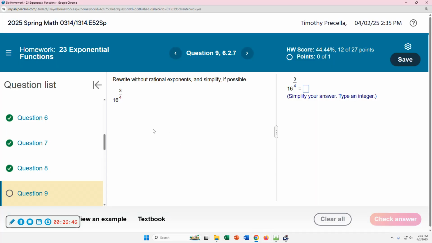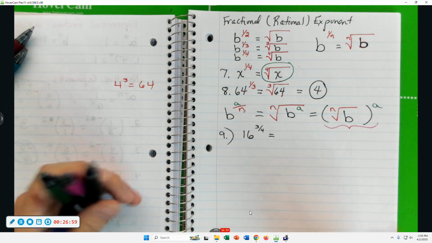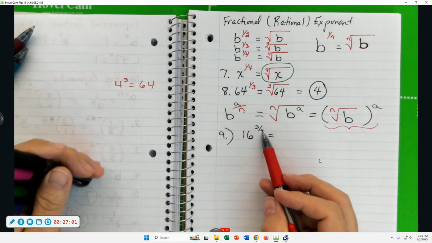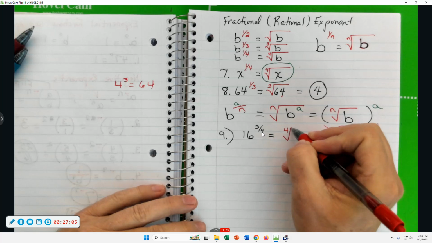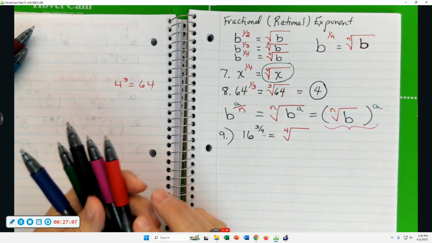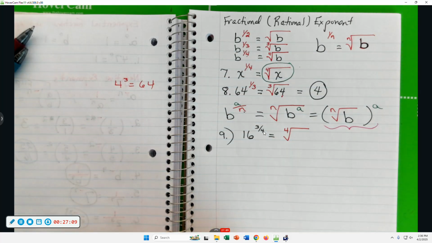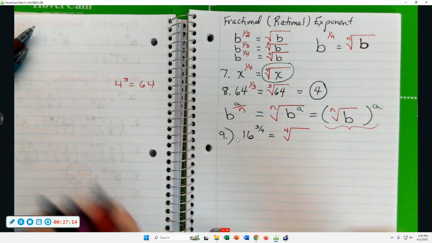16 to the 3/4 power. Okay, that denominator says we're going to have the 4th root. What will go underneath the radical? 16.